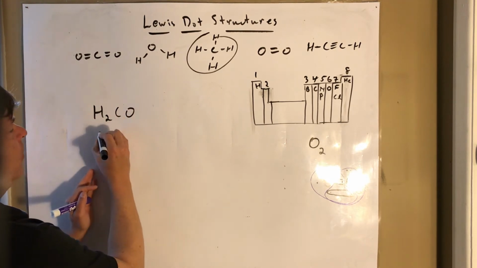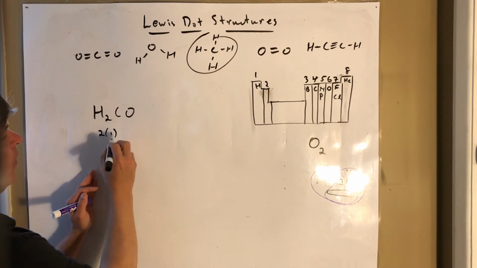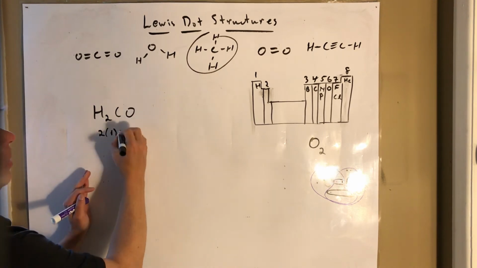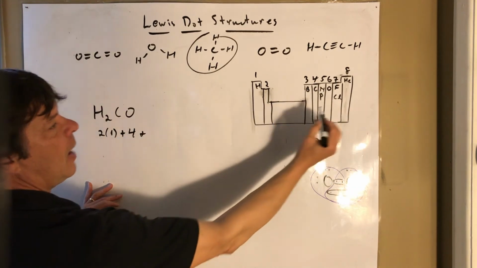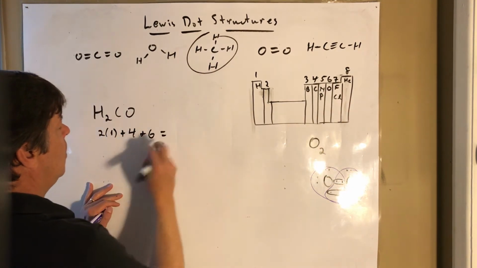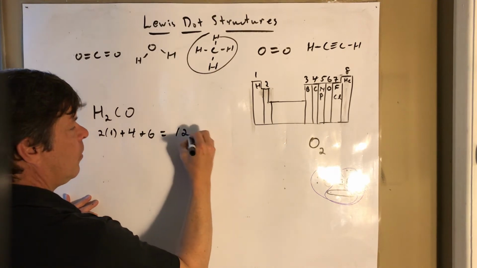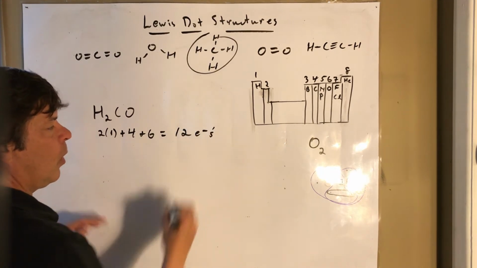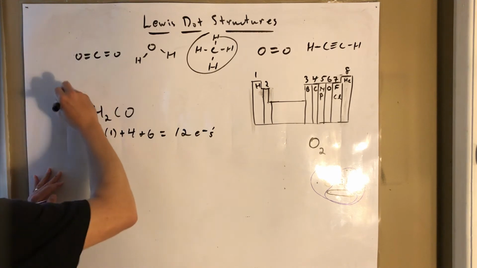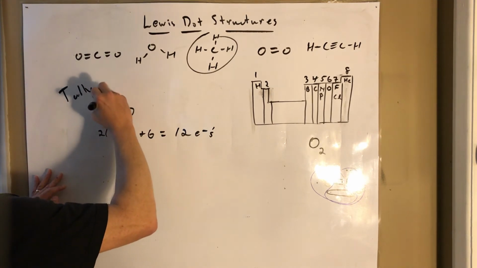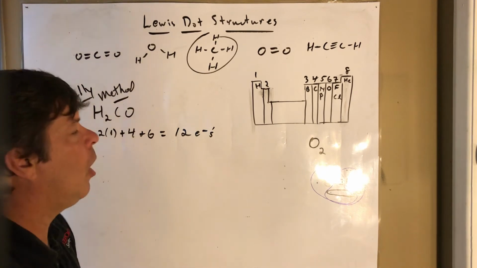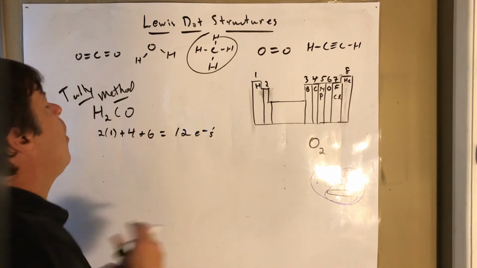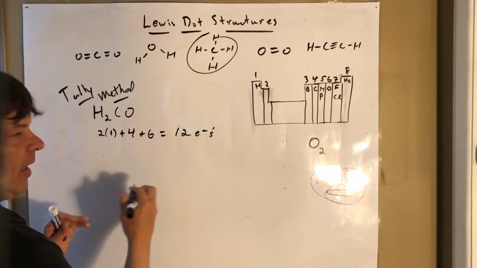Hydrogen, there's 2 of them, and each has 1 valence electron. Carbon, remember, has 4. Oxygen has 6. So we have 12 valence electrons to work with. You can always use the tally method. It always works.